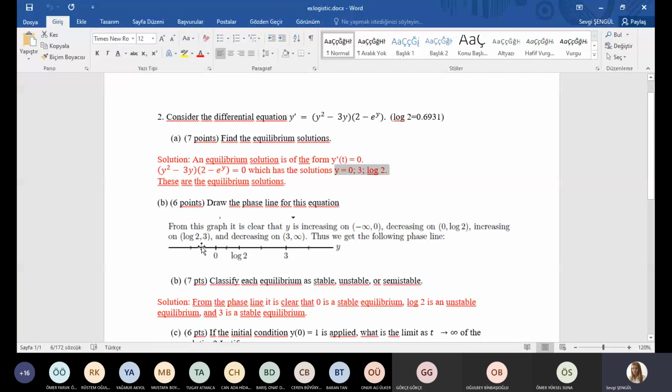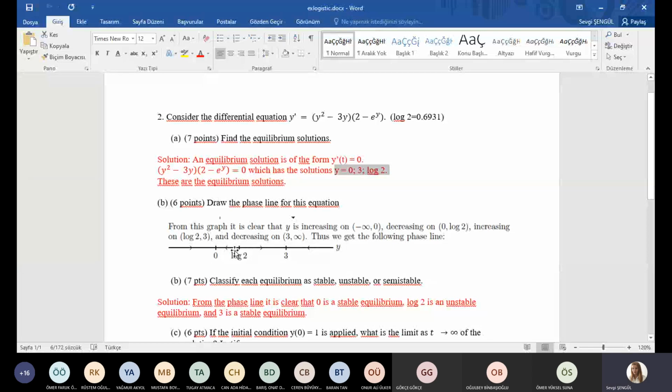You can choose -1 for there. Plug in -1 and look at the sign. You will see that it's positive. So it is going to the positive side. For 0 to ln 2, you can choose 0.1 or something. And you will see that this is going to be negative. So the arrow is pointing to the negative part of the axis.